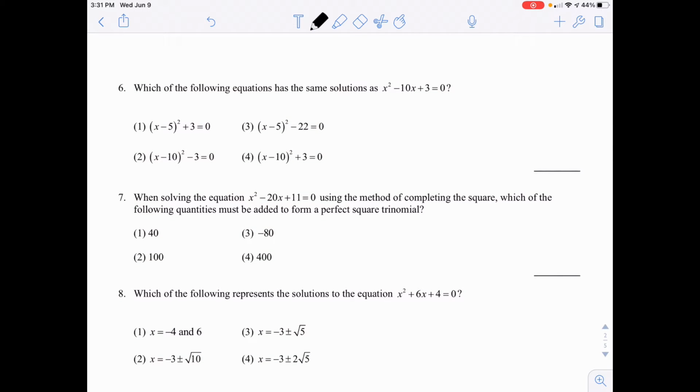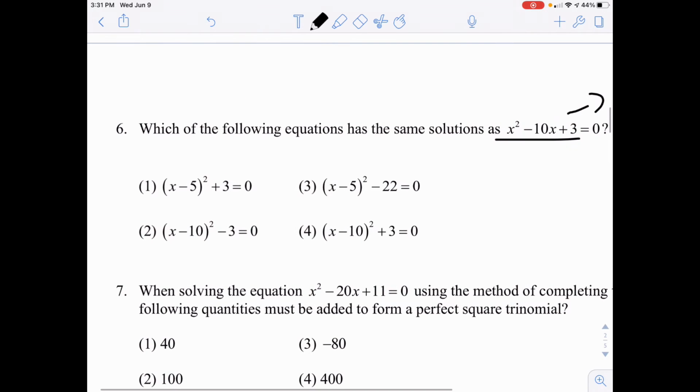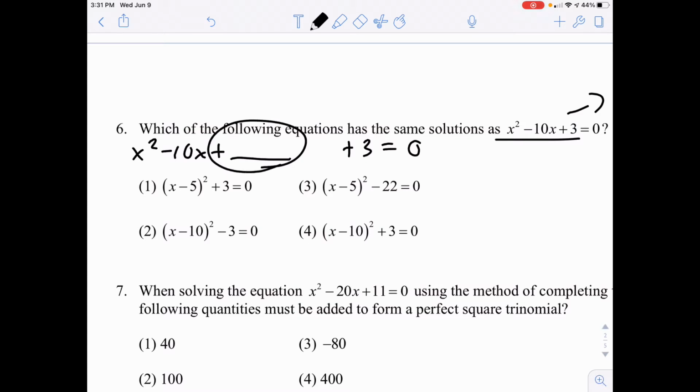Number 6, which of the following equations has the same solution as x squared minus 10x plus 3? This, ladies and gentlemen, is in standard form. These are all in vertex form. To go from standard form to vertex form, you need to complete the square. Let's do that. X squared minus 10x plus, leave some space, plus 3 equals 0. What goes in this empty space right here that you add? It's going to be b over 2 squared.